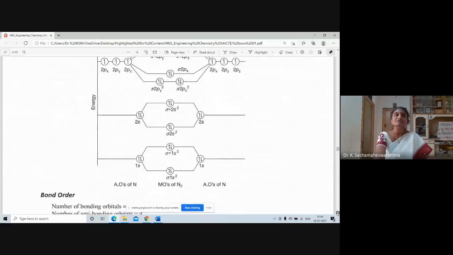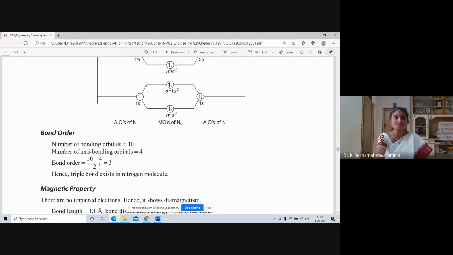So 10 minus 4, divided by 2, is 3. Hence, a triple bond exists between the nitrogen atoms of the nitrogen molecule.